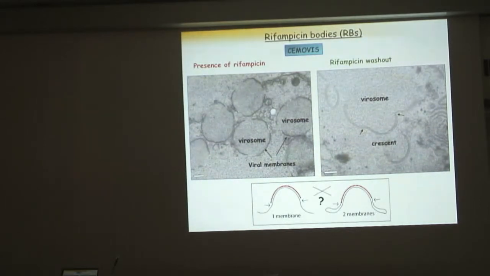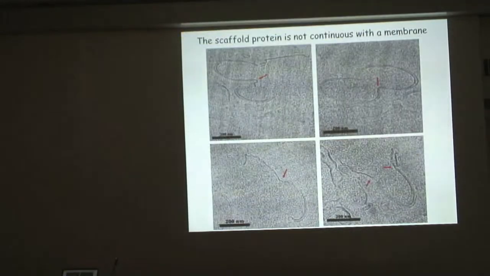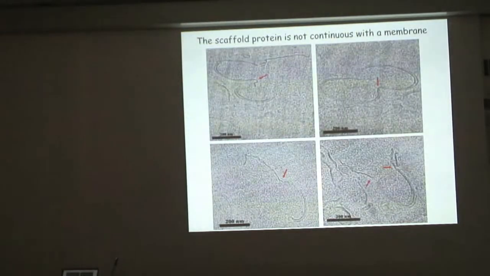And so what we asked ourselves is, what is going on here precisely where the scaffolds start being assembled? Is this scaffold continuous with a membrane, or is it continuous with nothing? And the data were pretty obvious. This is again the pure method without any fixing.